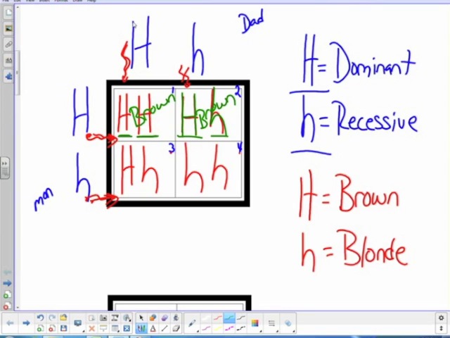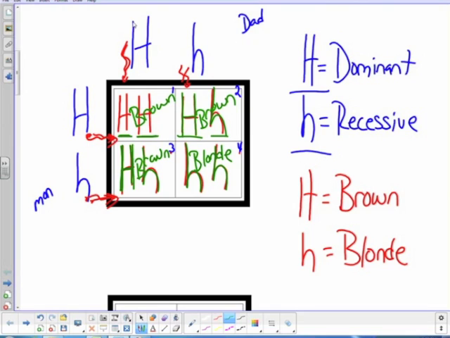Here I've got a dominant allele for brown and a recessive allele for blonde, but again, that dominant allele overtakes the recessive, overpowers the recessive, so this is still brown. And then here I have a recessive allele for blonde and a recessive allele for blonde. There is no brown. There's no brown even in the picture there. Therefore this has no other option but to be blonde.